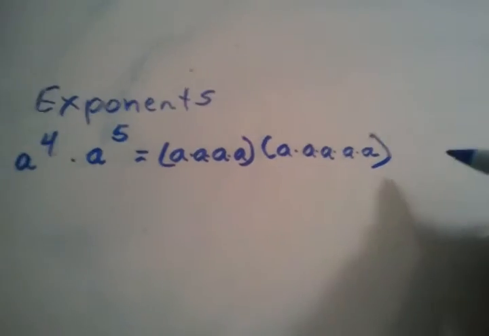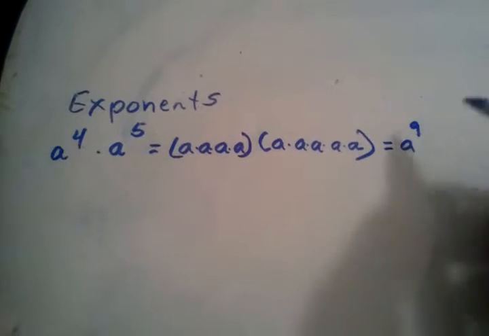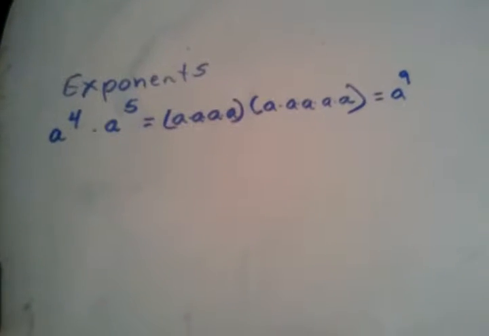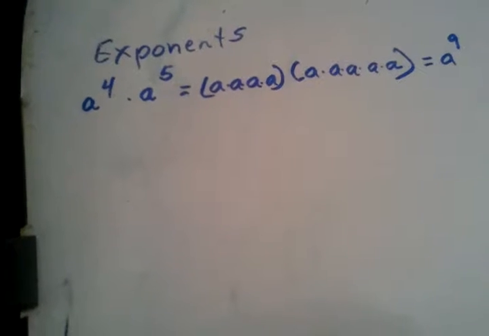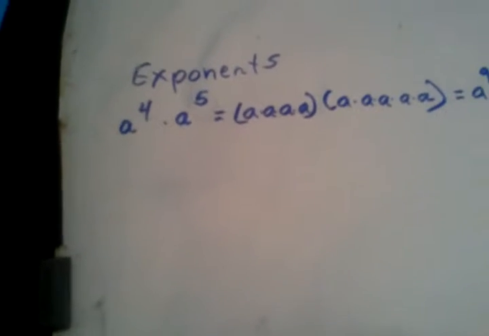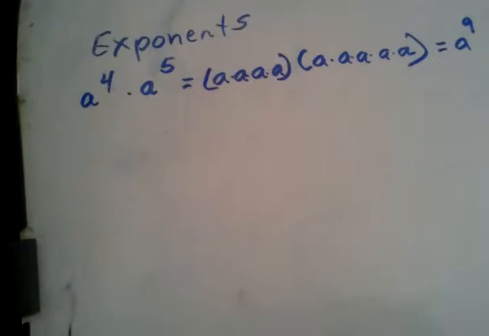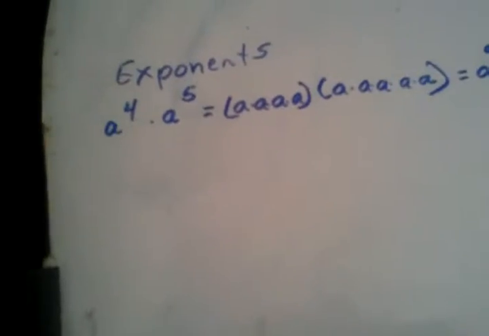So if we had to scrunch it all in, we would do a to the 9th power. And so the rule says when you are multiplying numbers with the same base, all you do is add the exponents. So that's all you have to do in this case.